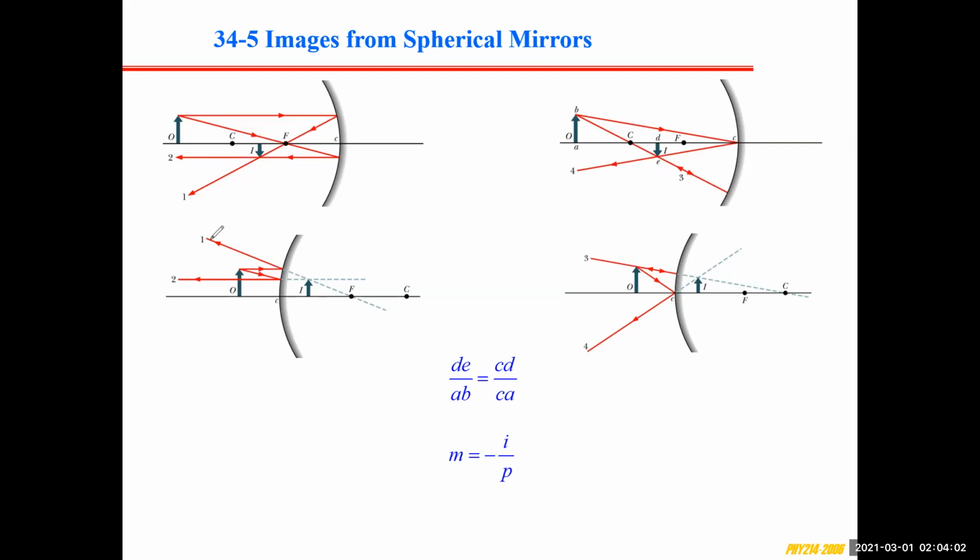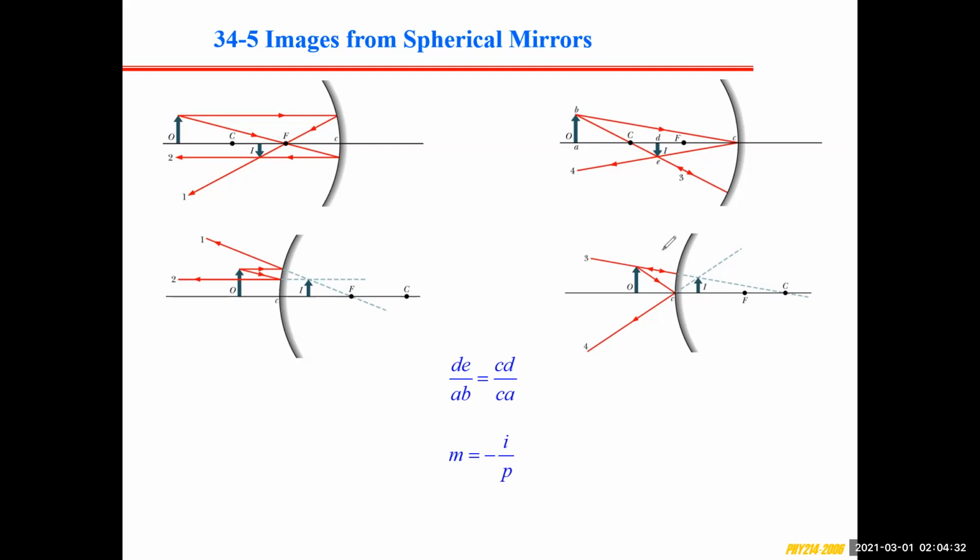So let's say the first one is coming as if from the focal point. Then the incident ray is parallel, the reflected ray is parallel, and when you draw the extension line, this is where the image is formed.